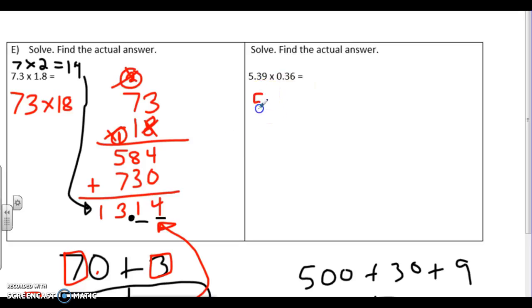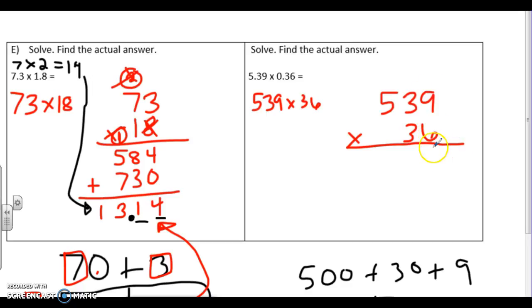Here we go. We're going to make this 539 times 36. I need to go quickly here. So we have 539 times 36. I'm going to do it without doing too much talk. 6 times 9 is 54. Carry the 5. 6 times 3 is 18, plus 5 is 23.